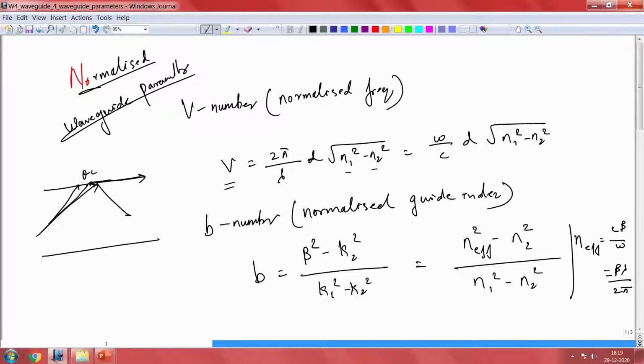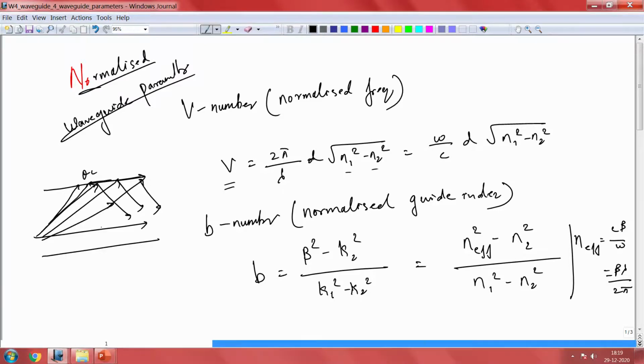Now when the V number increases, you have solutions that are propagating. You are slowly trying to make the wave propagate through changing this, and when you have a very large V number, that means you are propagating through the waveguide core, and that is how you can compare your V number with your wave propagation.